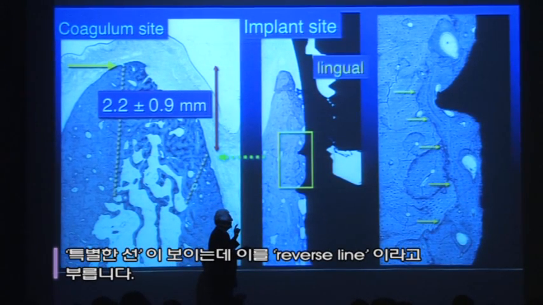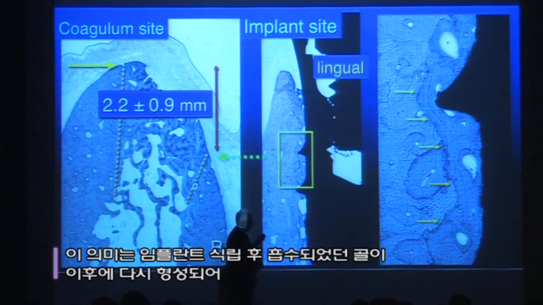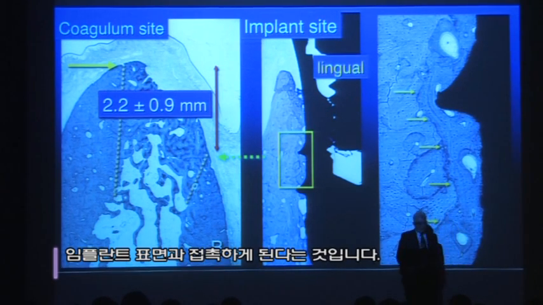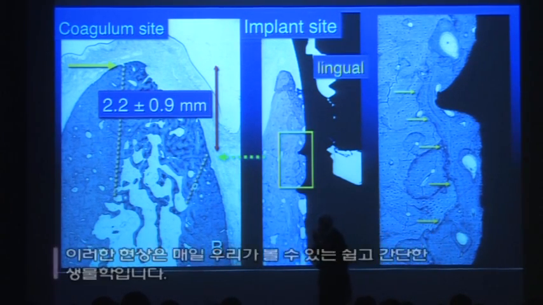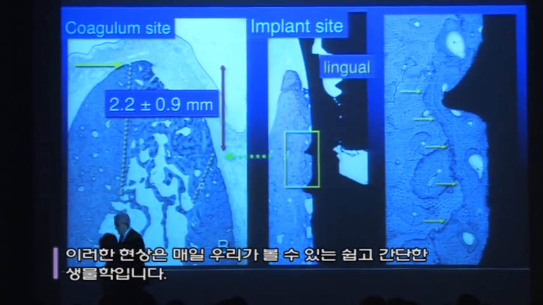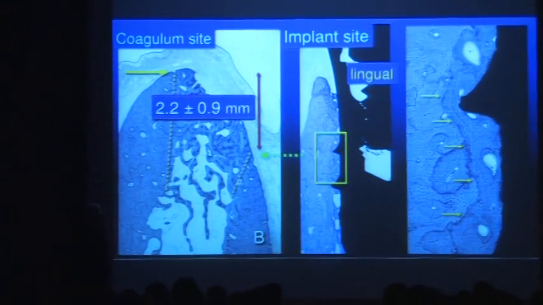We see this particular line, which is called a reversal line. It means that this is to the level where, following implant installation, the bone has initially been resorbed, and then new bone has formed into contact with the implant. This is straightforward biology around implants and how the healing occurs.